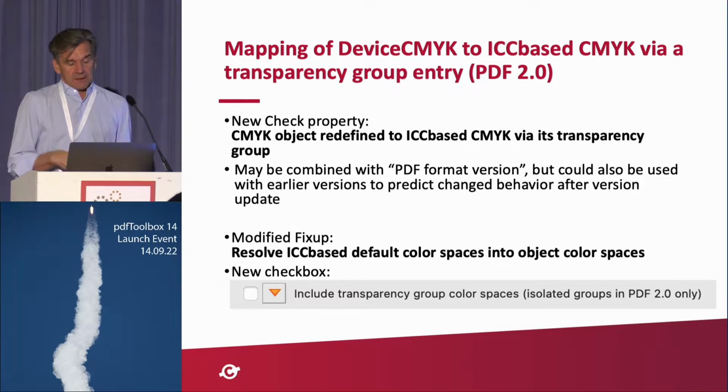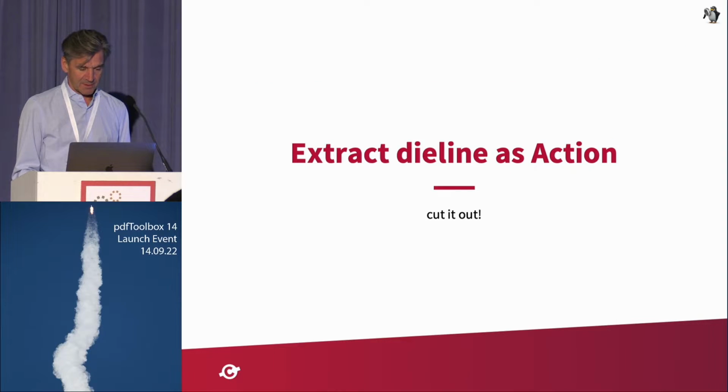Maybe for now it's enough to understand there are some complicated things going to happen when you move to PDF 2.0, and then pdfToolbox already is prepared for that, if you're using pdfToolbox 14.